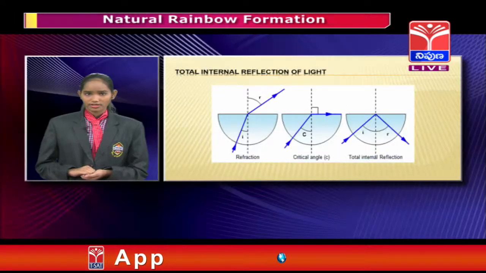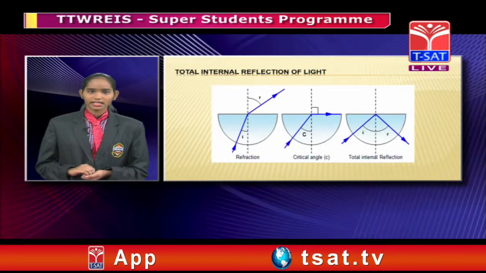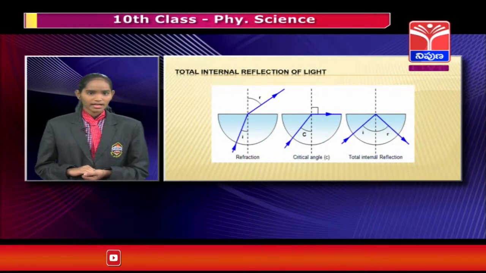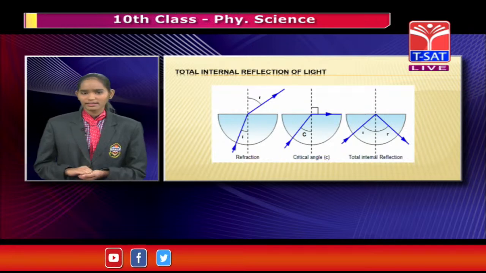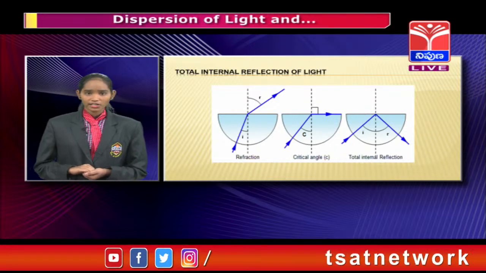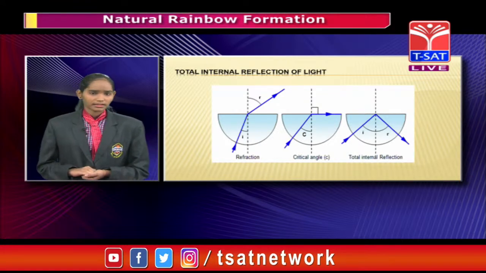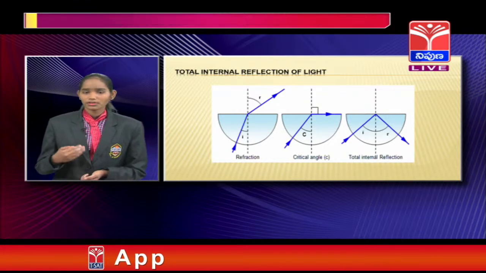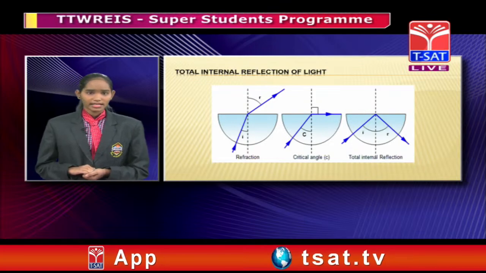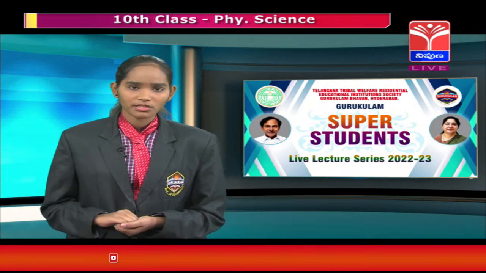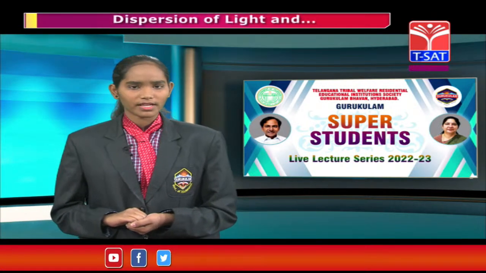After the refraction, if the refracted ray coincides with the interface, then it is called the critical angle. Now, if the angle of incidence is greater than the critical angle, then the light ray cannot go into the other media. It reflects back into the same media. So this phenomenon is called total internal reflection.